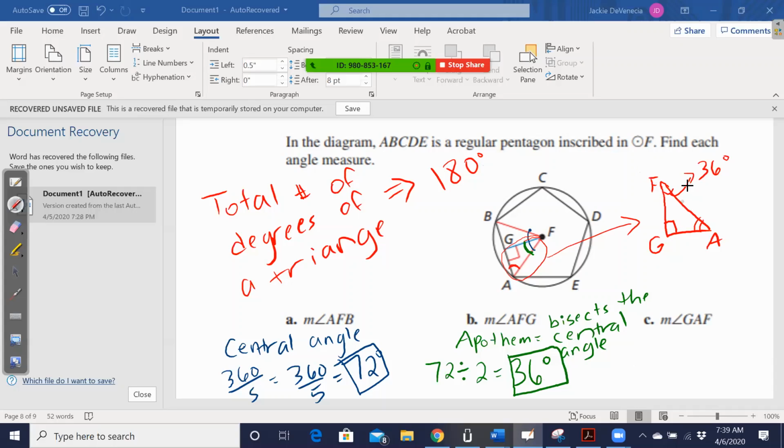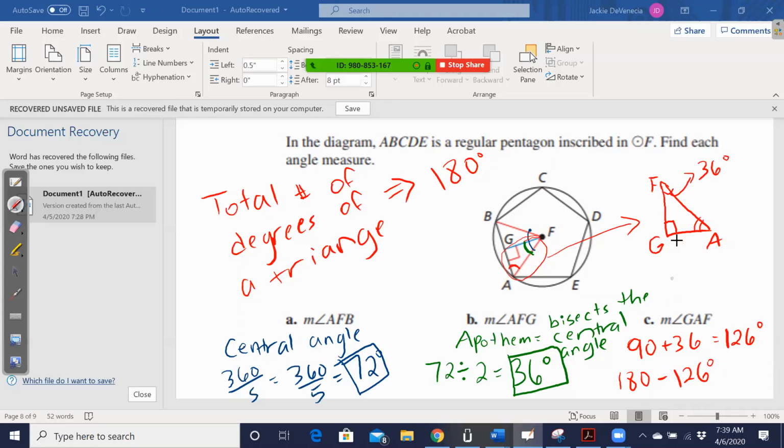So first I'm going to add these two angles. I'm going to add 90 plus 36. And that should give me 126. Let me just check that. 90 plus 36, yes. And now from here, this 126, I'm going to subtract from the total number of degrees. So I'm going to do 180 minus 126.